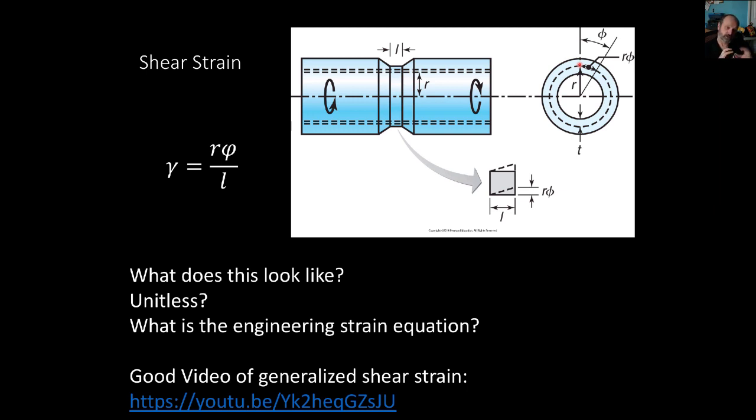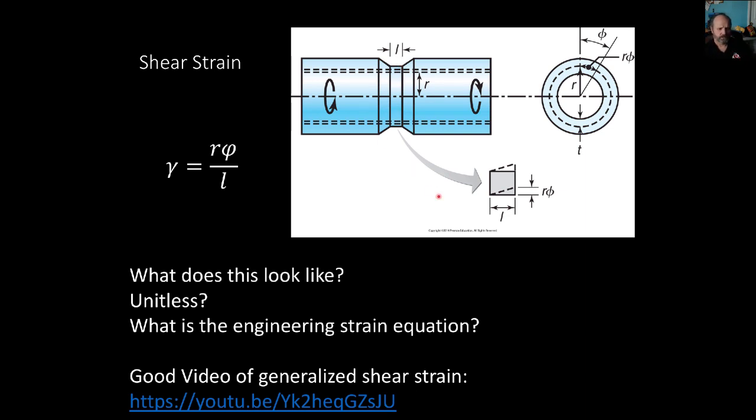Theta is how much I've rotated it by. And L is over what longitudinal distance did I apply that strain to. Okay, so you can imagine if L is bigger, you'll need more force to turn it the same amount. If it's very thin, it'll be easy to twist.